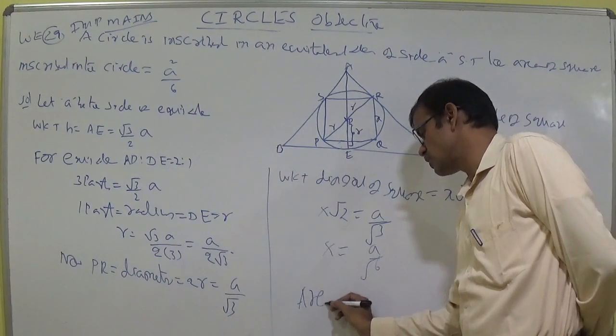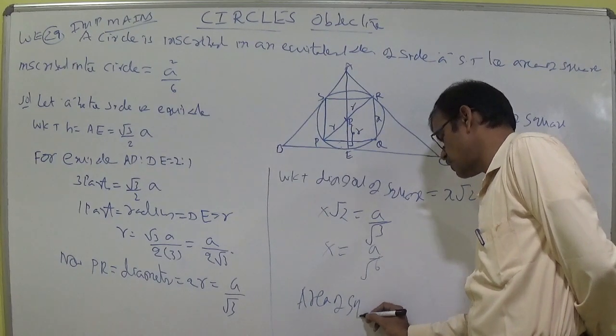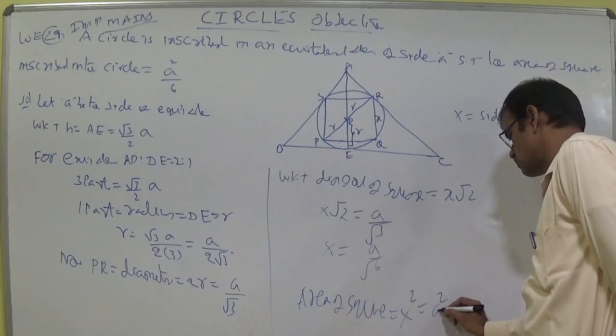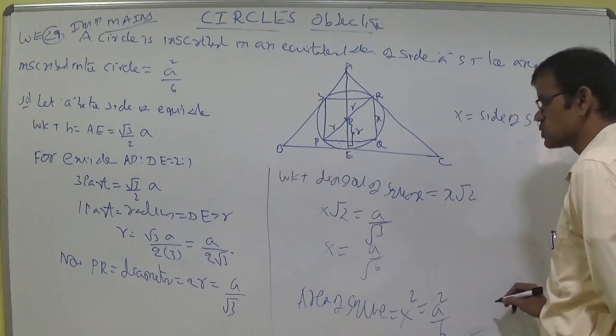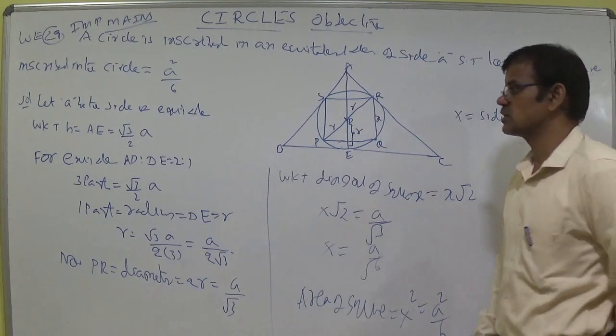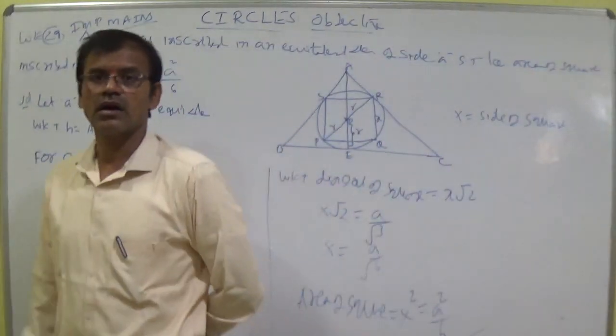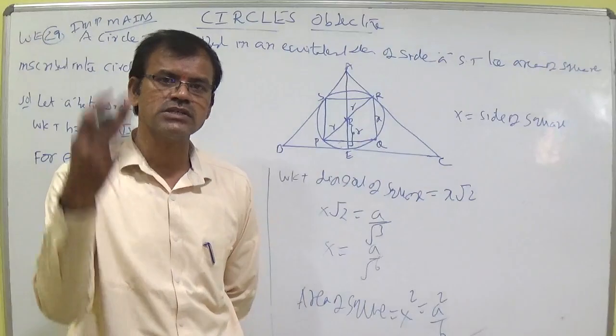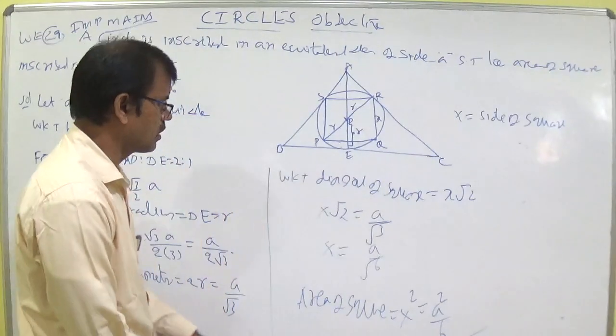Now we need the area of the square. Area of the square is equal to x square, side into side. So it is a square by 6. It is important, students. A square by 6 is the area of the square which is inscribed in the circle, which is inscribed in the equilateral triangle.